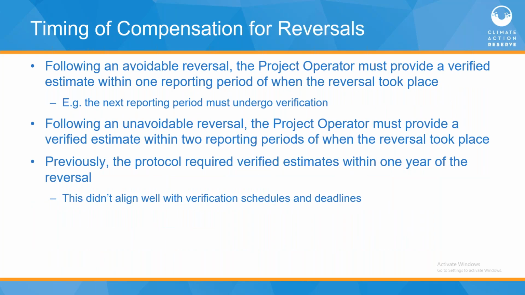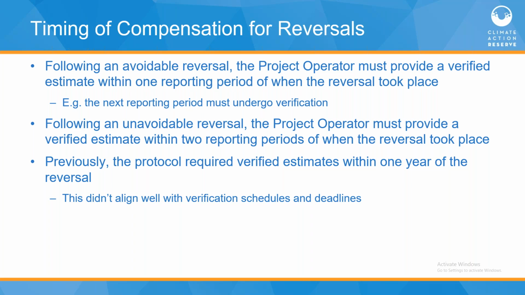Another change we've made is around the timing of compensation for reversals. So reversal is a loss of trees that causes carbon stocks to dip below a level that has already been credited to the project. So if a reversal has taken place, we require the project to undergo verification. In the case of an avoidable reversal, which is basically the intentional removal of trees in excess of what has been credited, we require verification during the next reporting period.